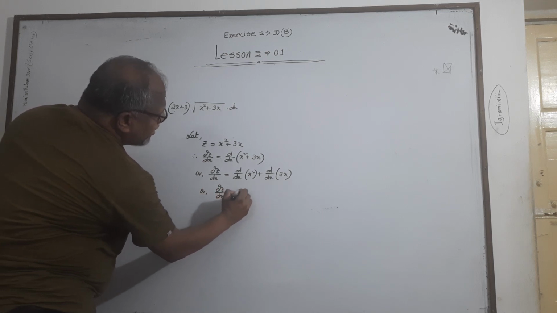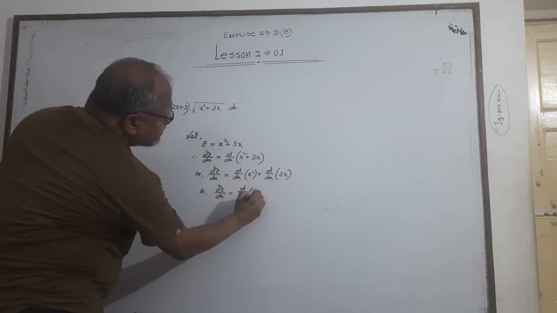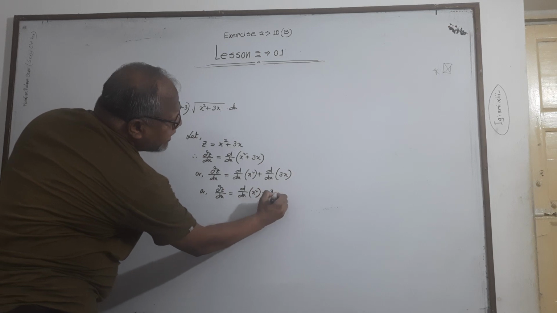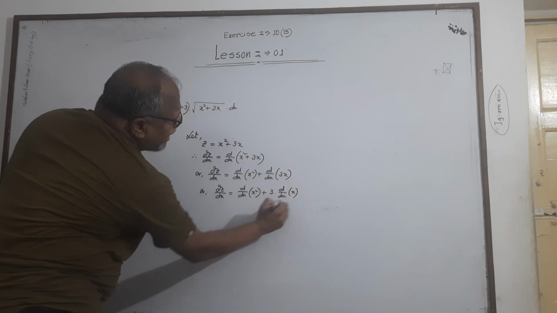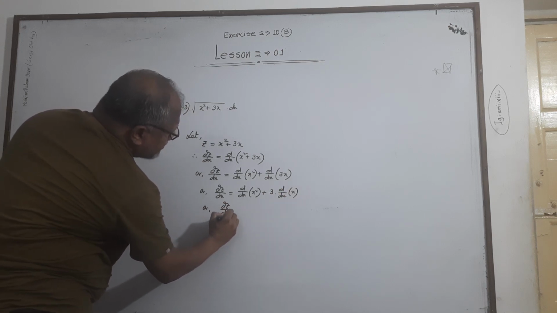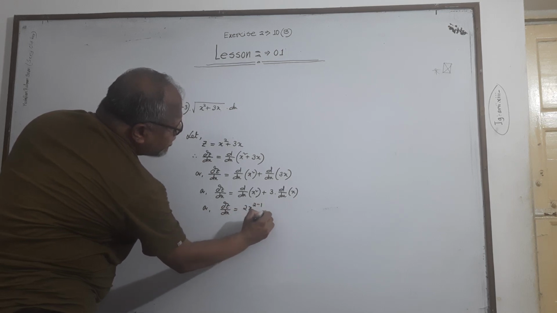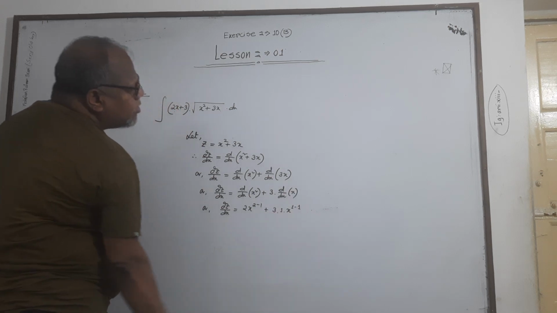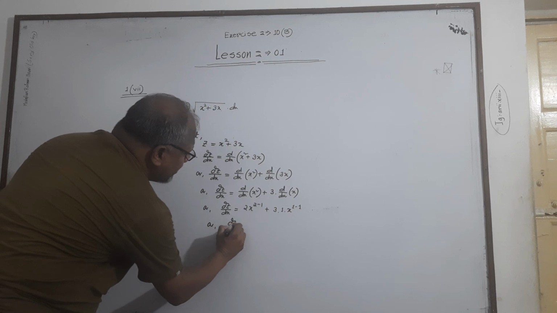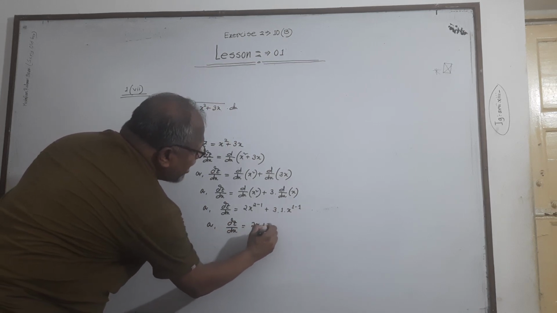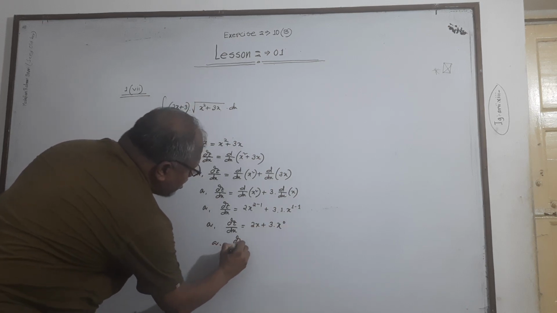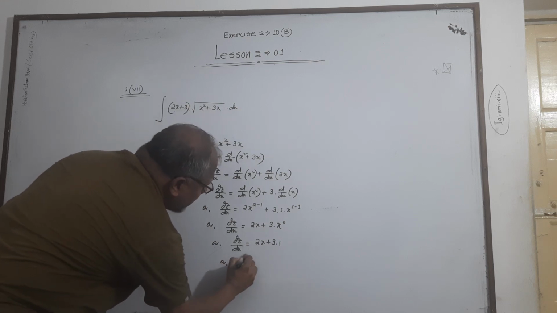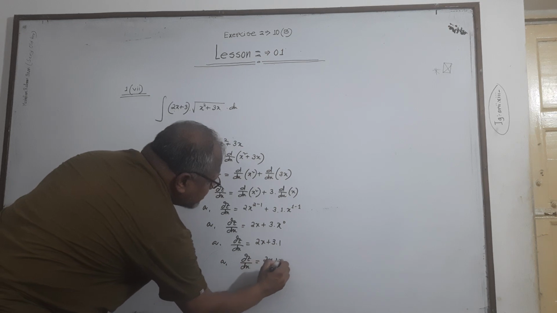Here 3 is a constant number, so it will come outside: 3 into d/dx of x. dz by dx is equal to n x to the power n minus 1 plus 3 into 1 into x to the power 1 minus 1, or I can directly put the value d/dx of x as 1. So dz/dx equals 2x plus 3 into x to the power 0, or 2x plus 3 into 1, or dz/dx equals 2x plus 3.